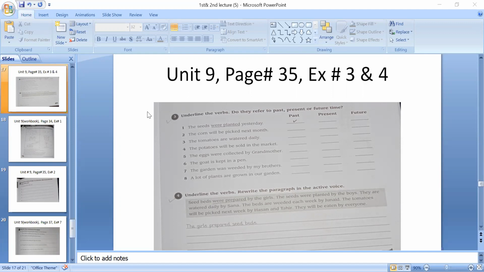Which verb is it? Present, past, or future verb? Present. Good boy. This is a present verb. And in the second column, you will mark a tick, because it is a present verb. Okay. Manahid, your camera should be on.